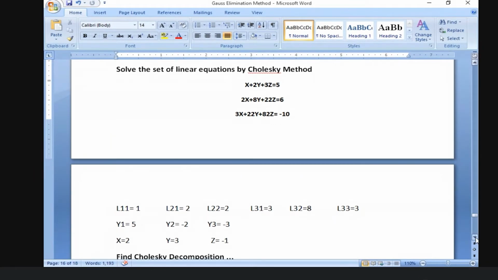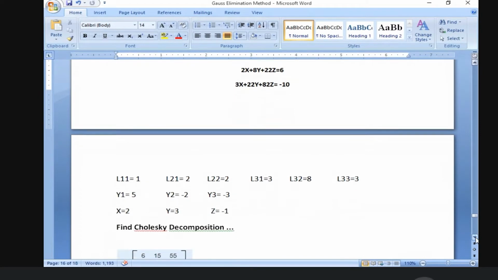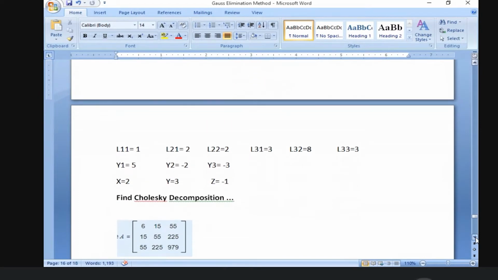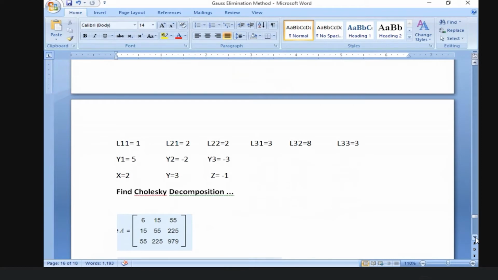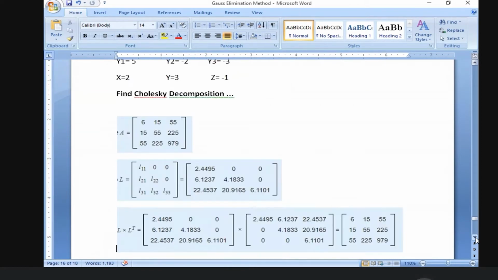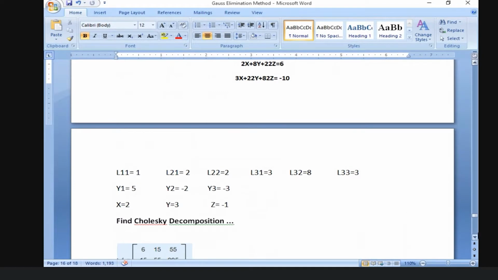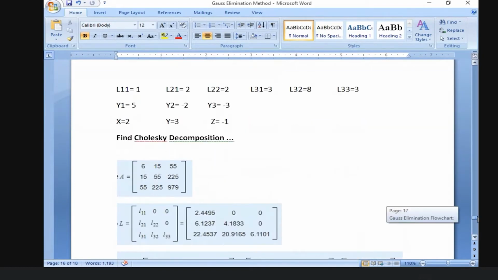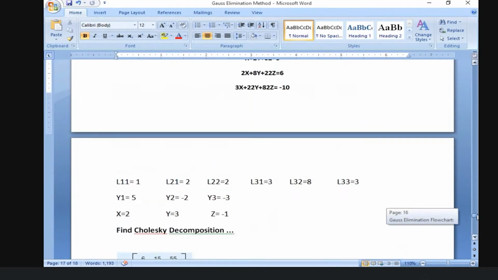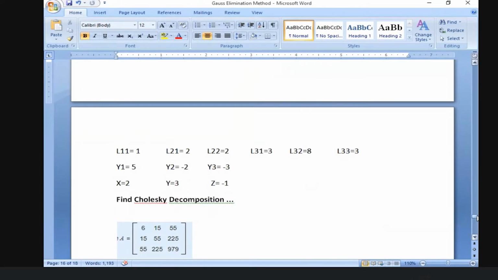Okay. Now we have completed this example. Just note down the second one. Note down the second one. Positive values.